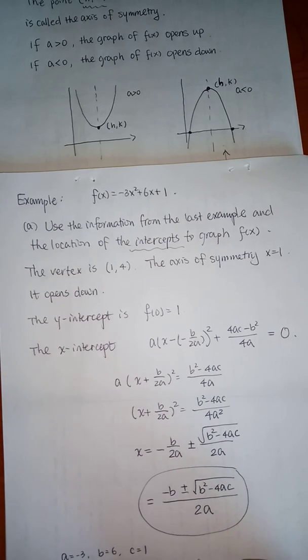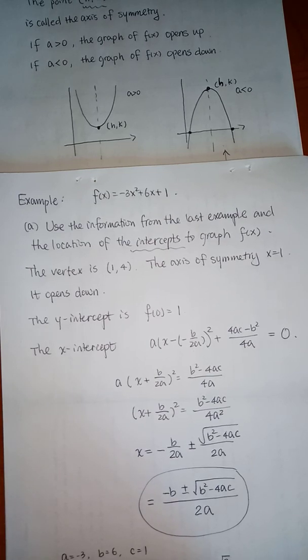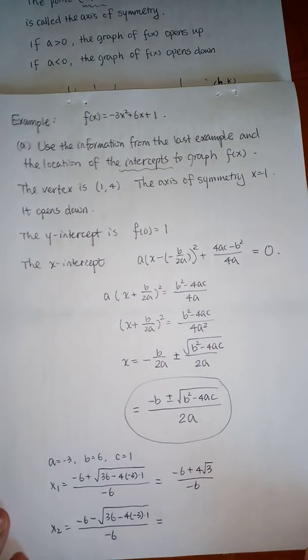Okay, so it's negative 6 plus 4 root 3 over negative 6. And for the other one, you just change the middle sign from plus to minus. All other parts are identical to the last computation.